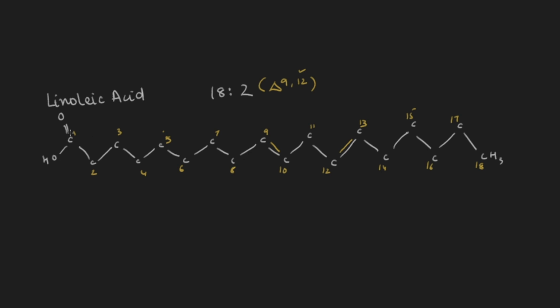In the case of omega fatty acids, what scientists did was that they started counting from the methyl end. When we are counting carbons from the carboxyl end, we say that the nomenclature is delta nomenclature.